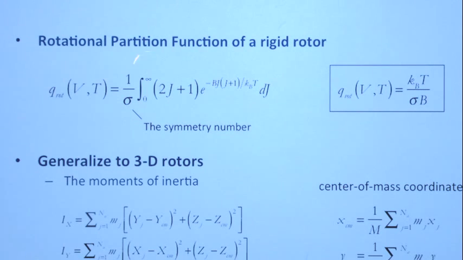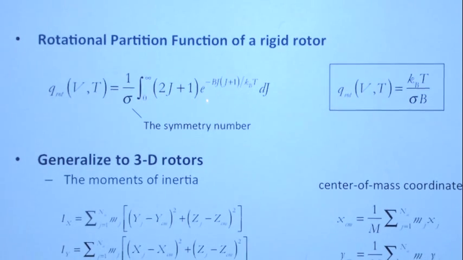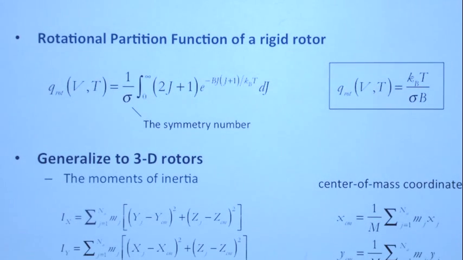Now I want to do the integral. It's an approximation, and that approximation is a lot worse, a lot less valid than treating the translational part of the partition function. So there's one approximation involved, transforming the sum to an integral. The reason I want to do the integral is I have an exact solution out of it.